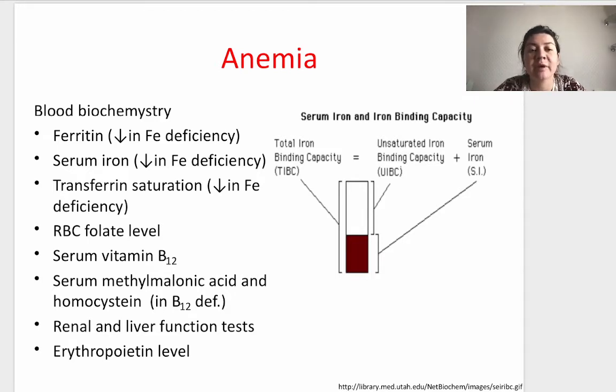It is level of ferritin, which is usually decreased in iron deficiency, serum iron, the same decreased, transferrin saturation, the same decreased in iron deficiency, level of folate in red blood cells, serum level of vitamin B12, serum methylmalonic acid and homocysteine, which change typically for B12 deficiency too, renal and liver function tests, and erythropoietin level. Here we check for the most main causes of anemias.